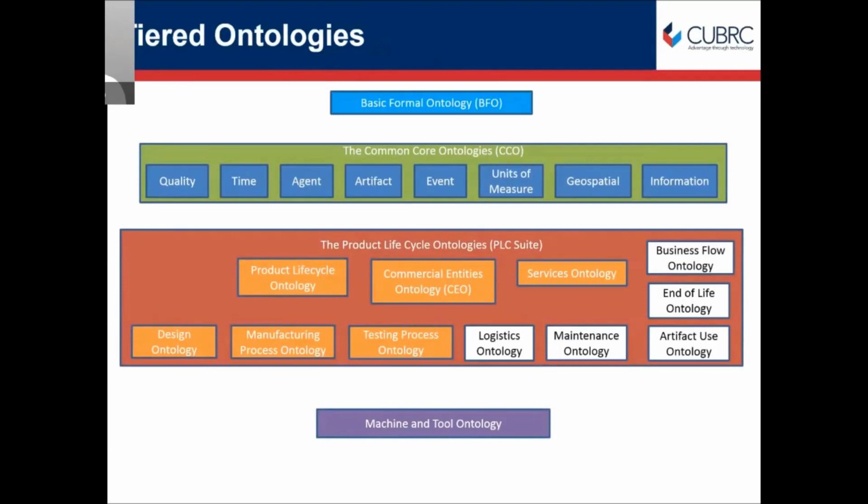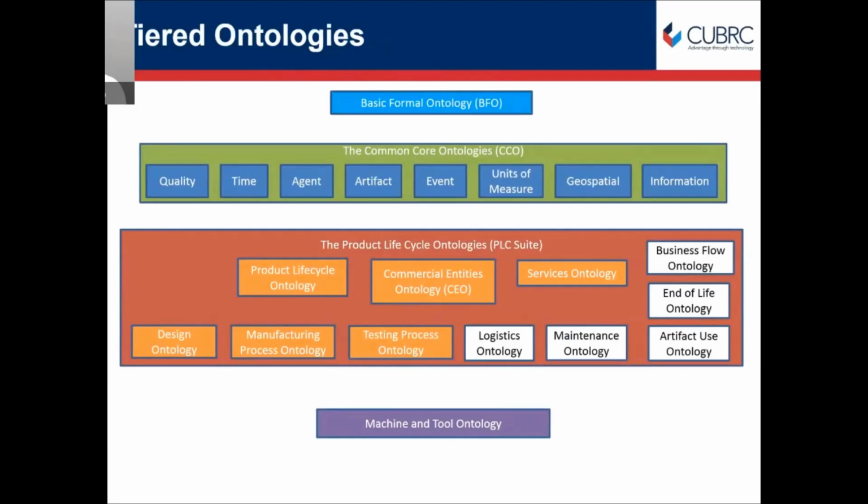So the idea here is that, yes, while it's true that there are a lot of ontologies out there that have to do with units of measure or with geospatial or with information, what was lacking was a set of these that were all unified under basic formal ontology so that we get the repeatability of the expressive structures that basic formal ontology gives us.